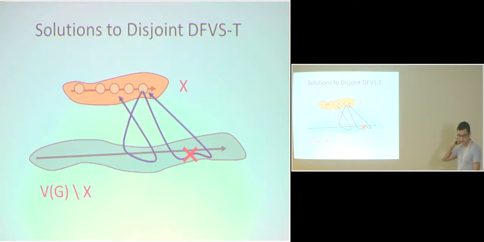I also have to make sure that I kill all paths that start at a vertex, go down into the rest, and then come back at a vertex that is earlier in the ordering. Because if I come back there, I have this arc, and then this is a cycle. So these have to go as well.